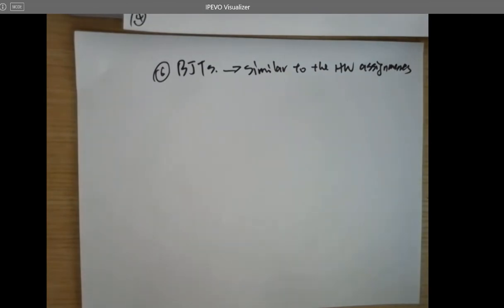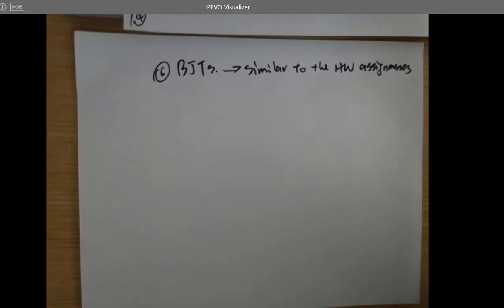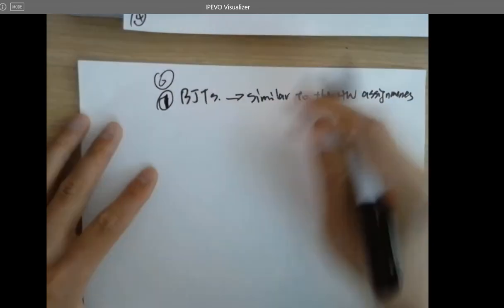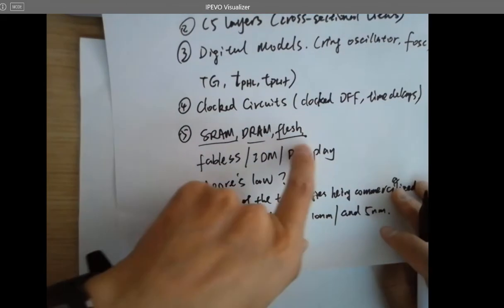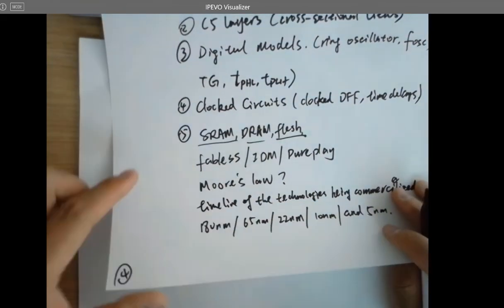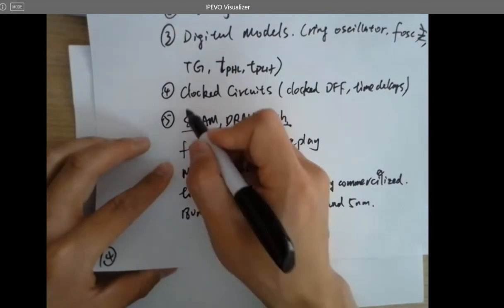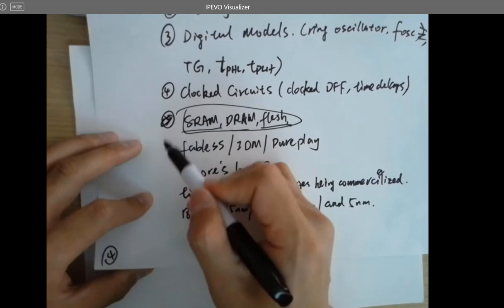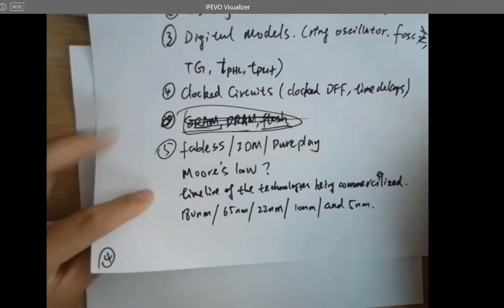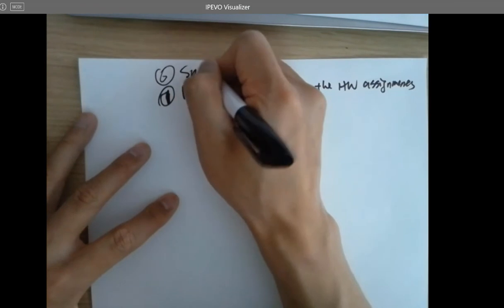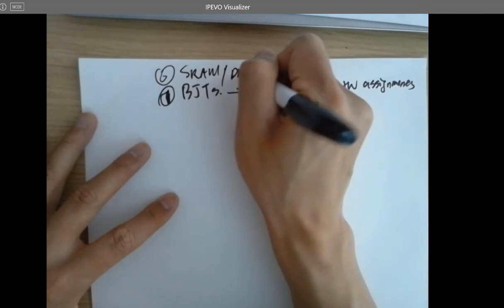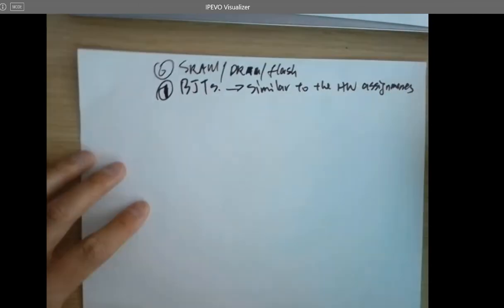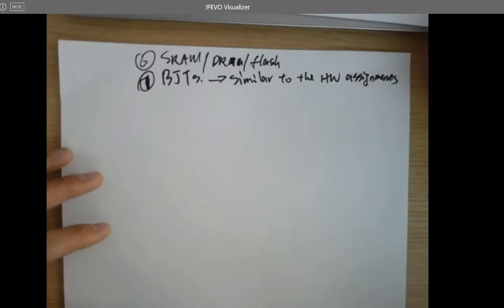I didn't cover the SRAM. Oh, this 6 will be... So this is actually 2 problems: SRAM, DRAM, flash description, and this is problem 6. This is problem 5. Let me do it here. All right, 7 problems.